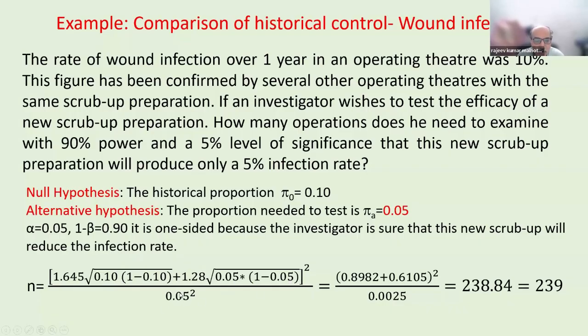This is the clinically important difference, from 10% to 5%, a 5% reduction to 0.05. Substituting in that, I will get the sample size of 239. 239 operations I will need to prove that there is a reduction of 5% with 90% power and 5% level of significance. So this is the one sample proportion comparison.